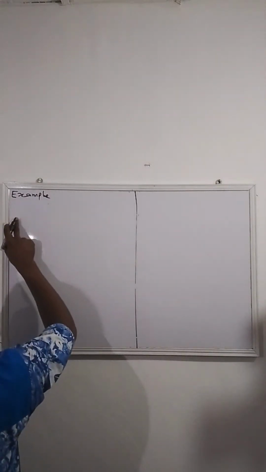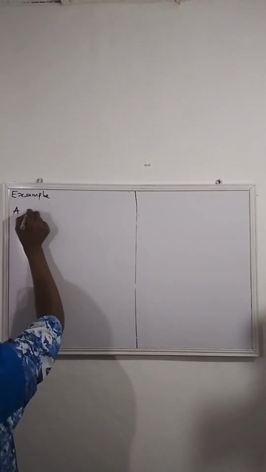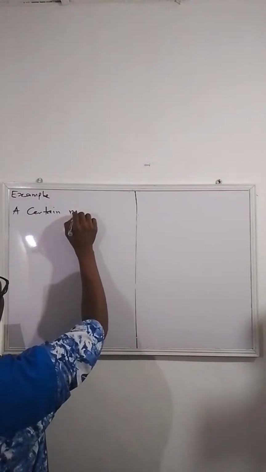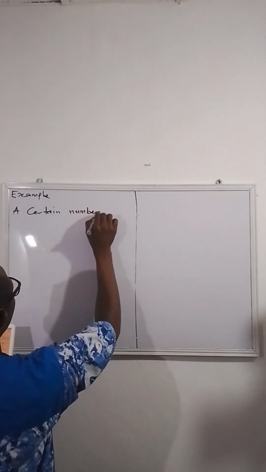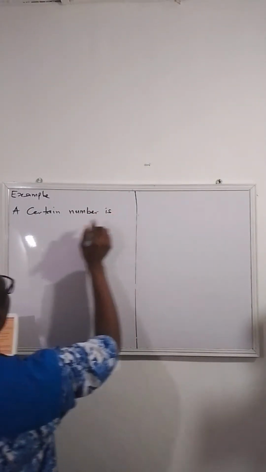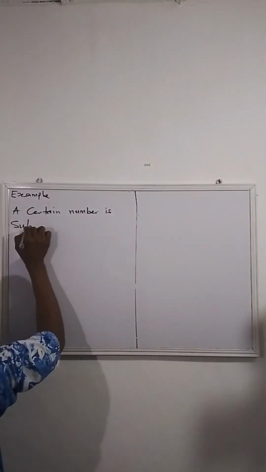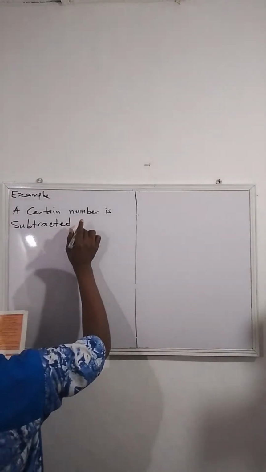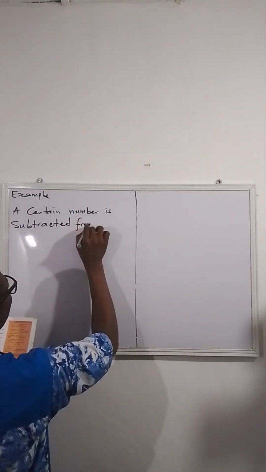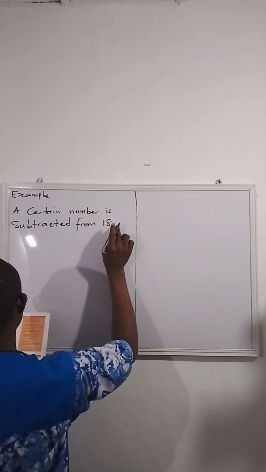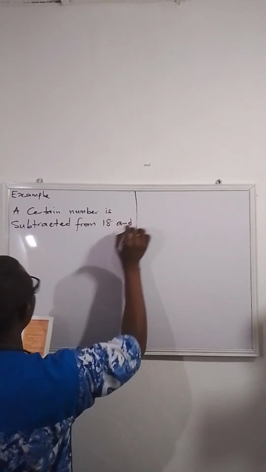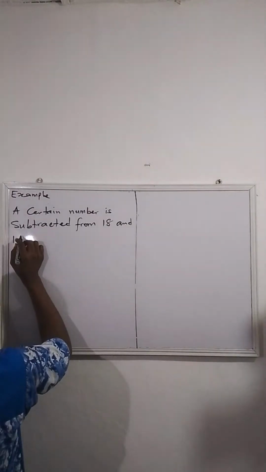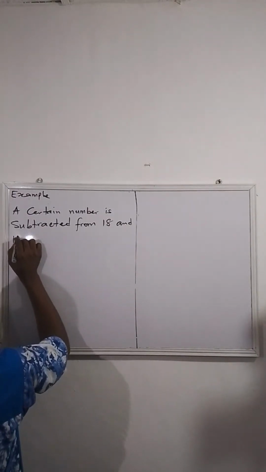Now, example: a certain number is subtracted from 18 and 13.